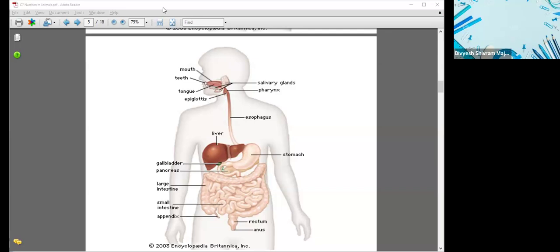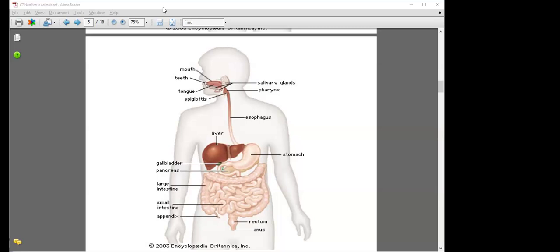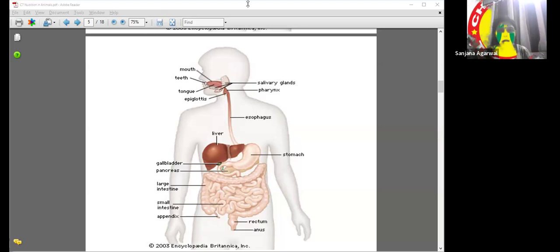Some organisms have special mouths, and some have outgrowths, and snakes swallow their food, and birds have their beak to catch and tear the food. Ma'am, ingestion is the process by which food is taken in by the body. Okay.